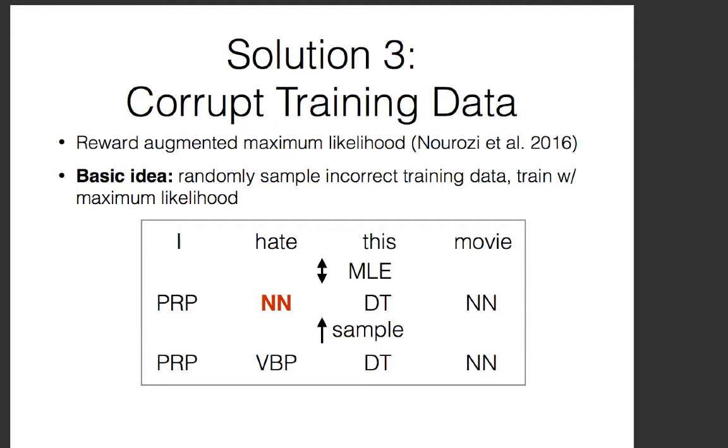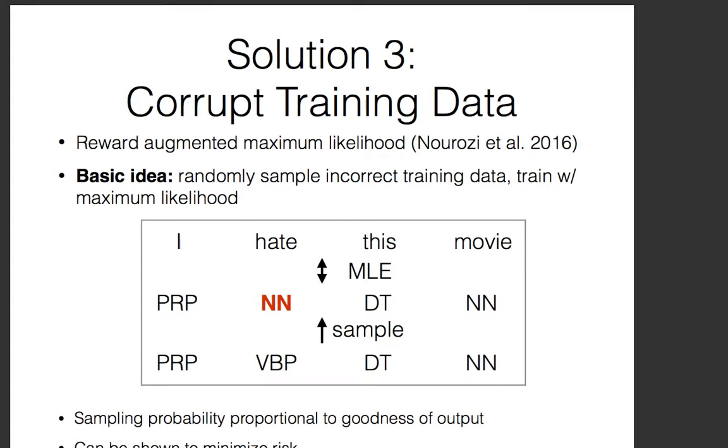But according to the derivation here in the paper, given that the sampling probability is proportional to how good the output is, so if you sample good outputs more frequently than you sample bad outputs, according to some distribution, you can show that this does something, maybe not directly minimizing the risk, not directly minimizing the number of errors that you make, but kind of going in the appropriate direction towards minimizing the number of errors that you make.